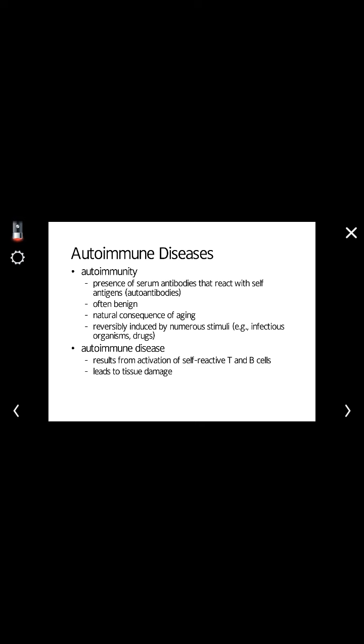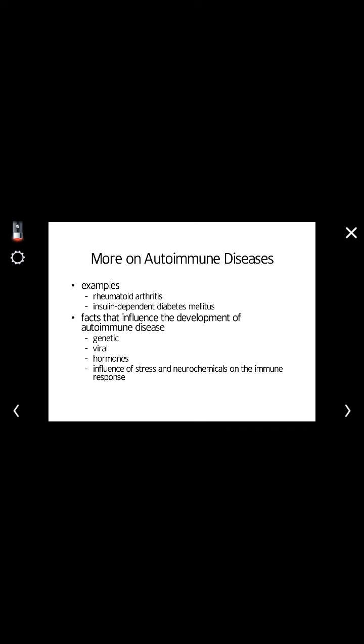Autoimmune disease results from activation of self-reactive T and B cells and leads to tissue damage. Examples are rheumatoid arthritis and insulin-dependent diabetes mellitus. Factors that influence the development of autoimmune disease include genetic, viral, hormones, and the influence of stress and neurochemicals on the immune response.